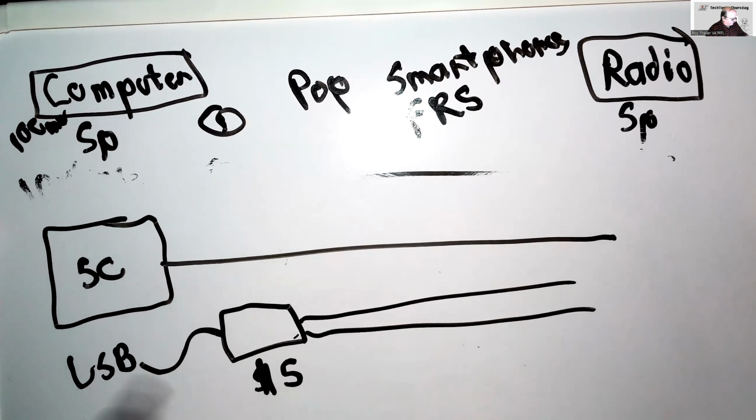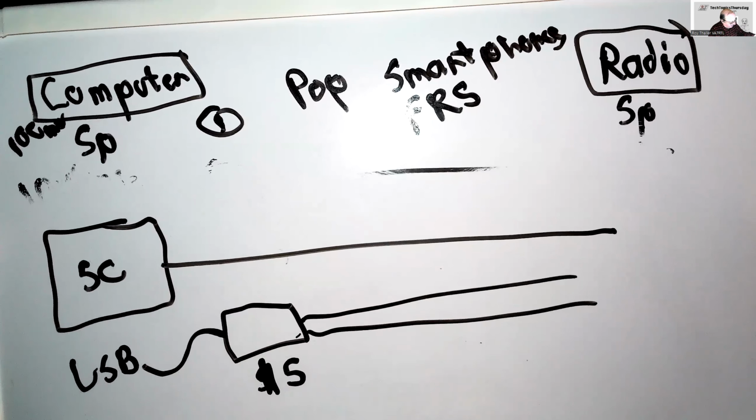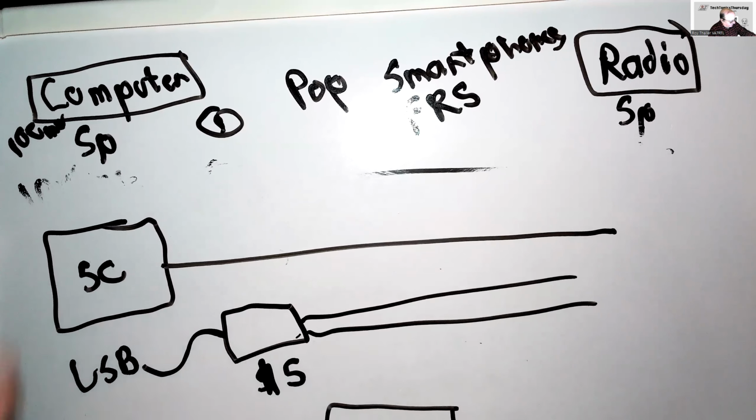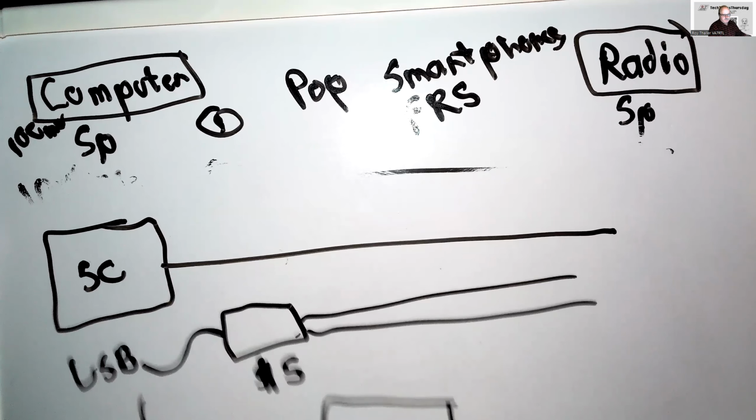So if you blow up the sound card, you haven't blown up your computer. And then some of the other rigs will have their own sound card built in. So you just connect this to the USB, and then this to your radio. And then the newer radios actually have a sound card built right into the radio, and then this you just connect over into USB.